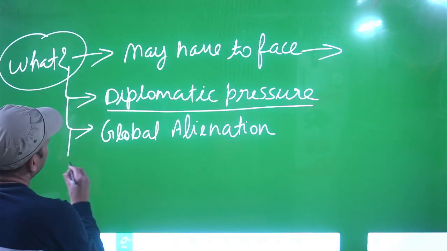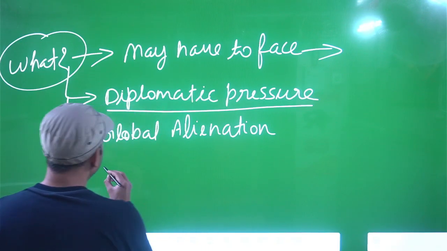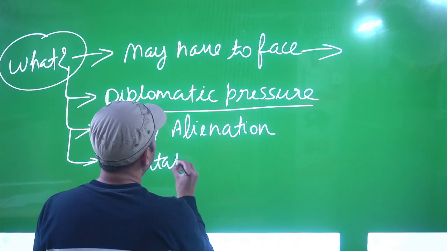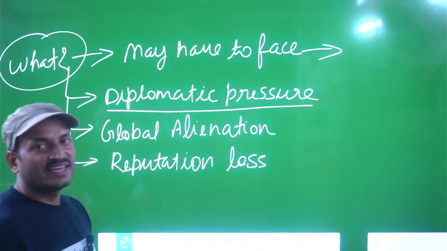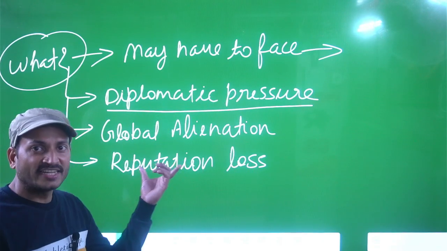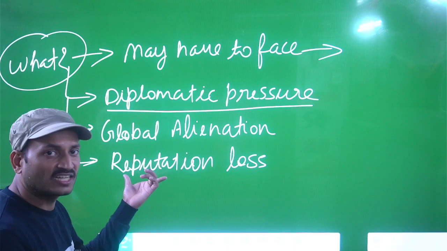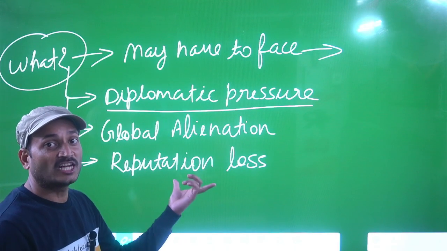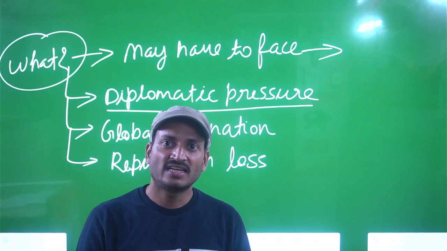The next meaningful instrument could be reputation loss. For example, if any country party to a treaty does not follow any of the provisions, there is a threat of loss of the international reputation of that particular country, the weight of that country.